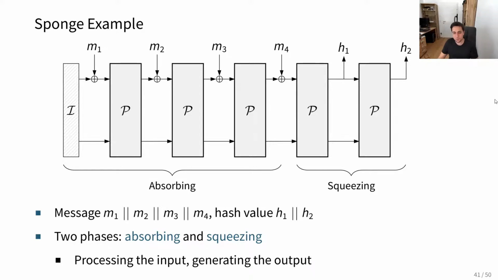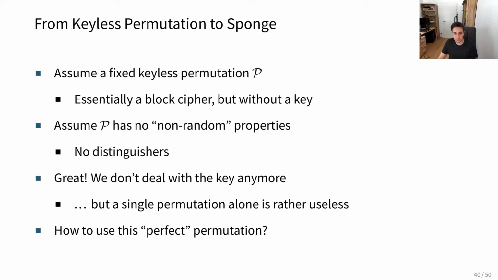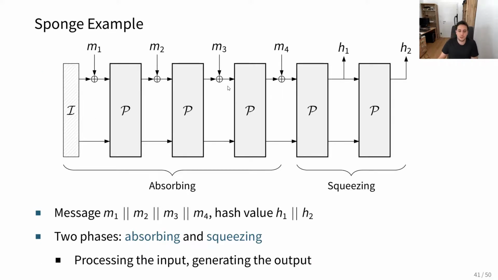Remember from the previous slide, this permutation is this calligraphic P here. Let's say this is one permutation call, this is also a permutation call, this is also a permutation call, and so on. And this is some initial value, this calligraphic I. For the sake of the example, let's say this value is all zeros.